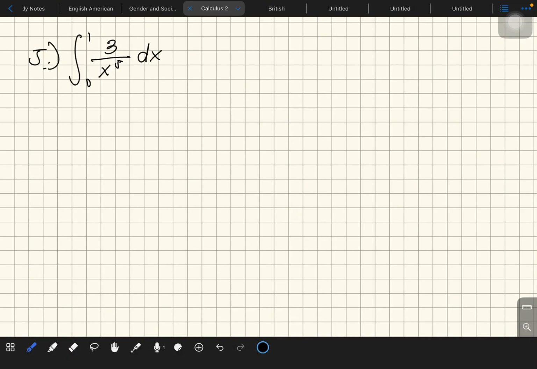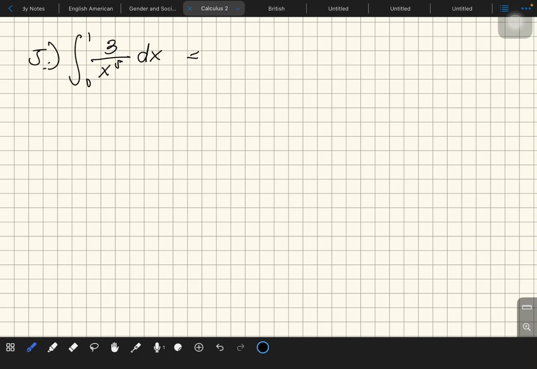So now let's proceed to our last problem. Problem number 5, the integral with an upper boundary of 1 and a lower boundary of 0, of 3 over x raised to 5 dx. This case is also case number 2 in type 2. Why? Because it is continuous at b but discontinuous at a.